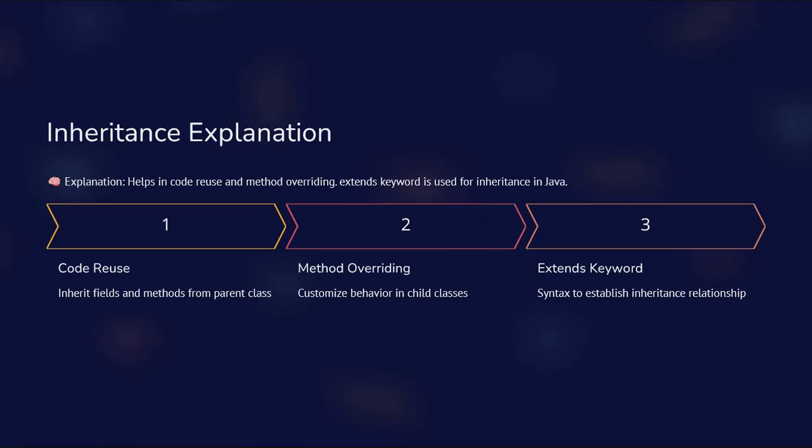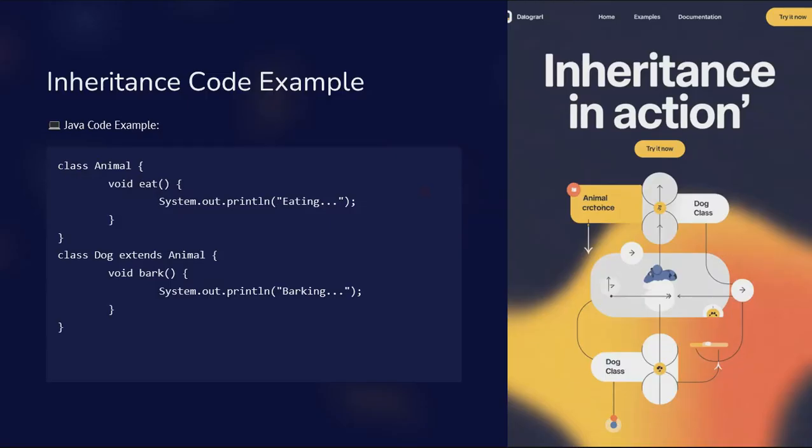It helps in code reuse and method overriding. The extends keyword is used for inheritance in Java. Code reuse means inheriting fields and methods from the parent class. In method overriding, you customize behavior in child classes. And the extends keyword is the syntax to establish the inheritance relationship.